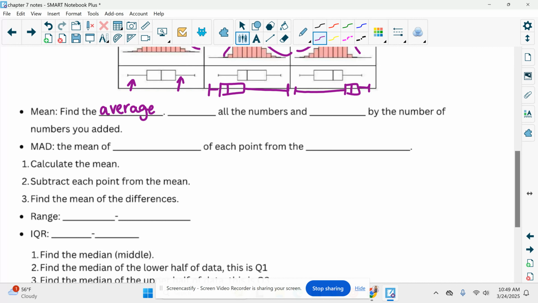How do we average your homework grades? What do you have to do? What do we divide by? How many grades? Yeah, pretty much, let's go with that. So we add all the numbers up, and then we divide by the number of numbers you added. This is going to help you on your homework tonight in case you don't remember how to do it.